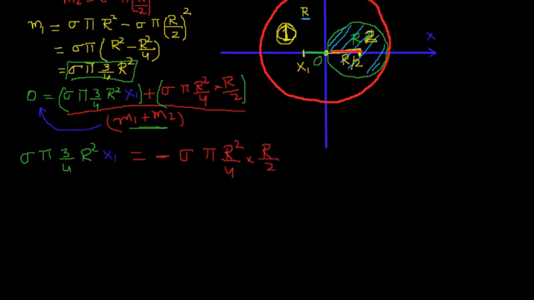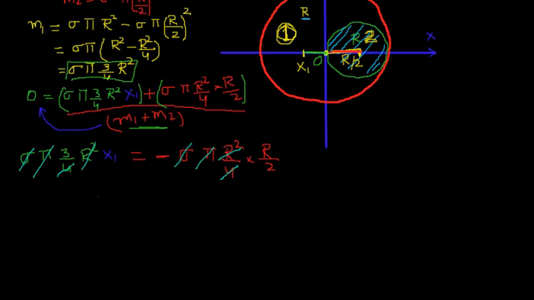So it's almost done, we are home. Let's cancel out the common things from both sides. This sigma goes, the pi goes, this r square goes, right? And moreover this 4 also gets cancelled.